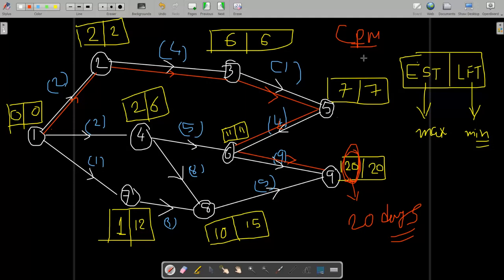In our next question, it will be on PERT, program evaluation and review technique, and it is a 3 time estimate. I hope you have cleared all this idea of how to draw, and you revised all this data.